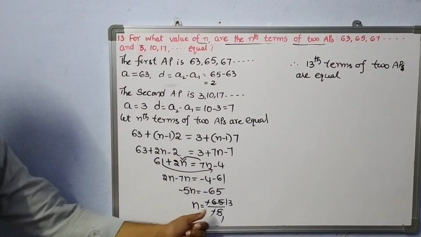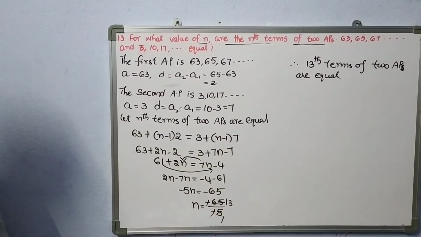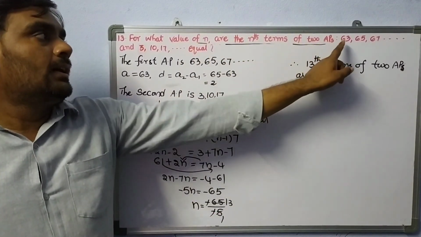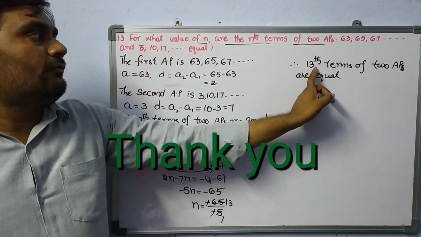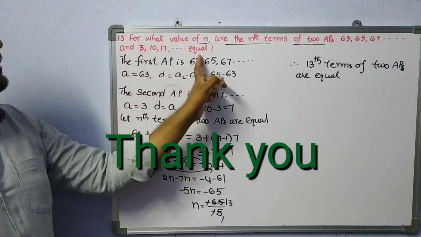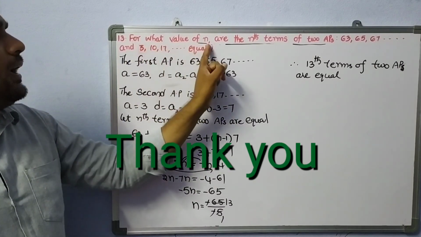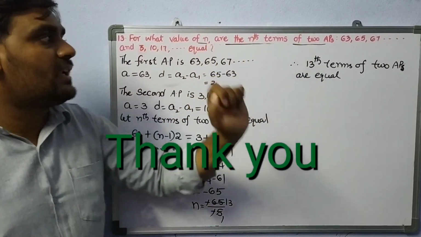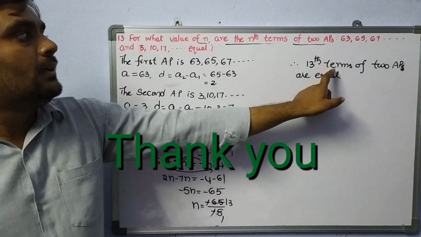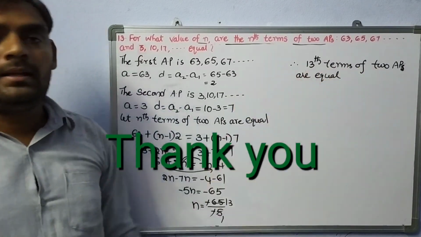See here, n is equal to 13 we got. Am I correct or not? So for this AP, the 13th term will be equal to the 13th term of the second arithmetic progression. So for what value of n are the nth terms of the two APs equal means the 13th terms of the two APs are equal.